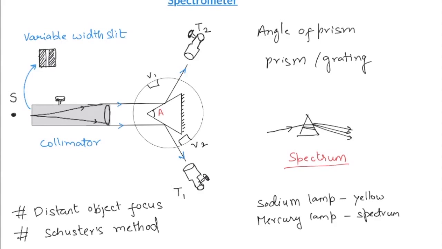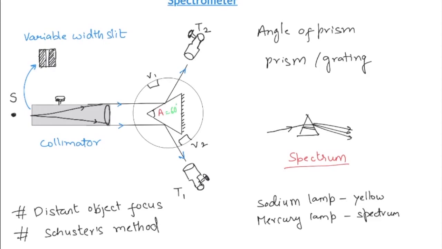About the experiment, as you see here, the light is incident in such a way that it is not parallel to the base, so it is not going to give you a spectra even if there is a white source of light. Light will instead be reflected from these two edges and can be seen through the telescope when it is either in T1 position or in T2 position. In general, the angle of prism is 60 degrees.